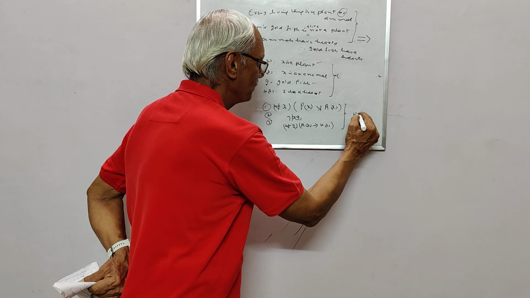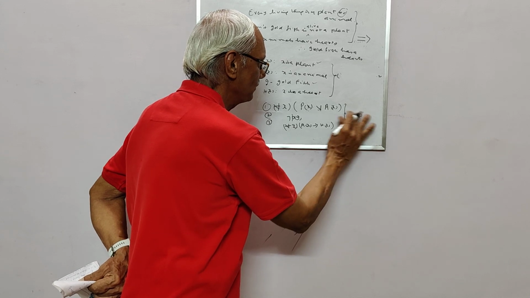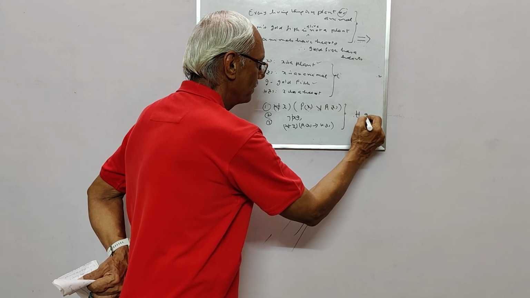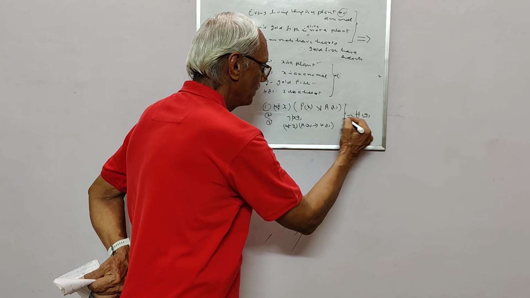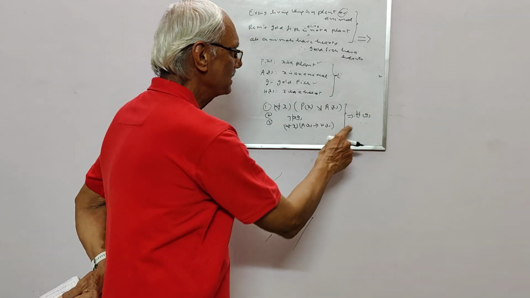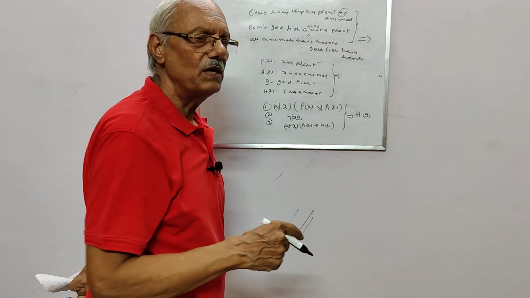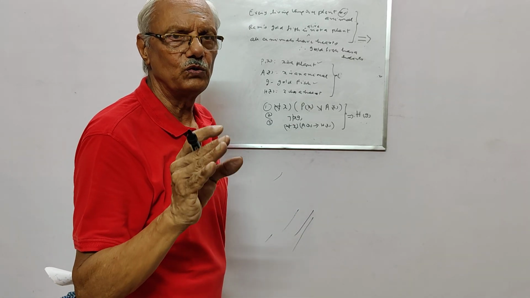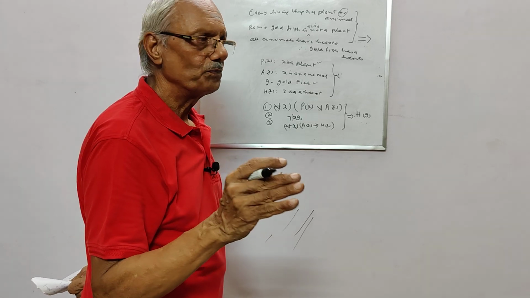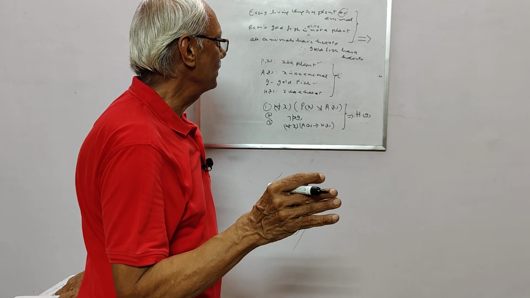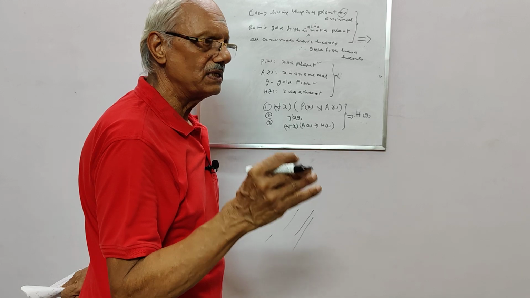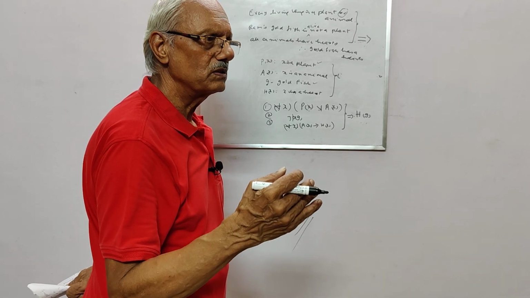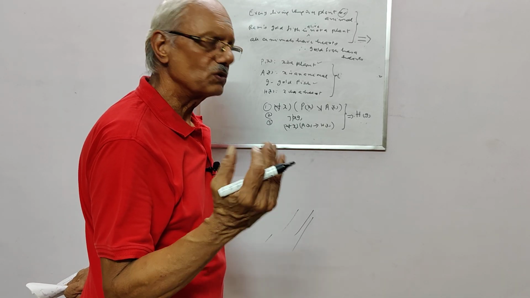H of G. So these three must lead you to the result that goldfish has a heart. This is what we are going to do. I hope that you have understood. It is not a difficult one. You have to patiently listen and do problems and practice, so you will get it.